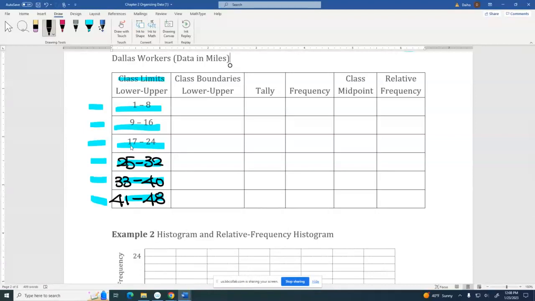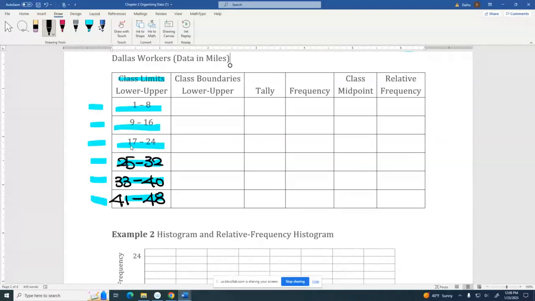Yes. Just a second. The other way, adding 8, adding 8, 8, 8, 8. Oh yeah, that is another way to get the class limits. Good, right? Okay, so that is the class limit.